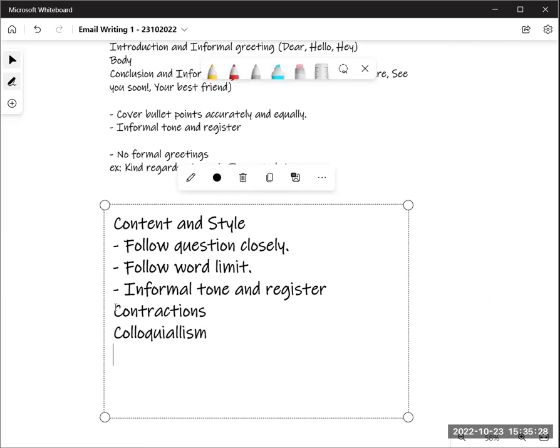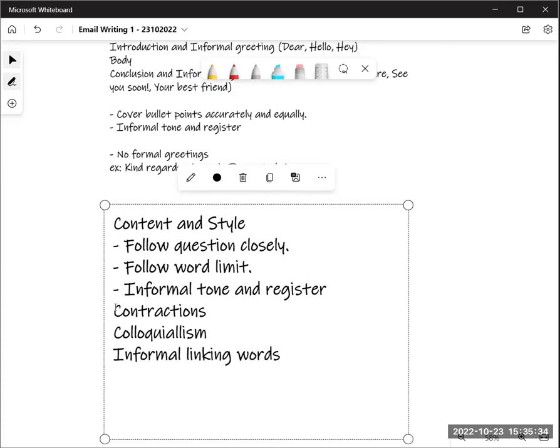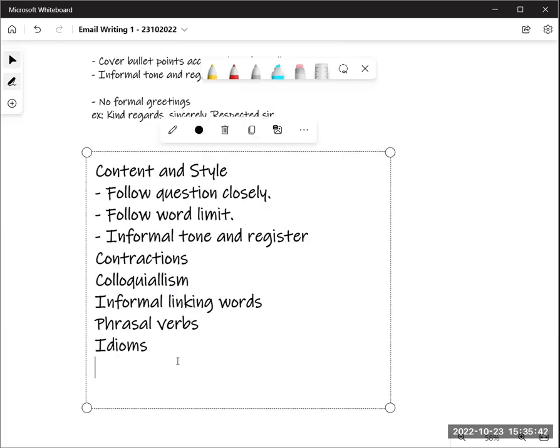Next thing is you can use informal linking words. You can use phrases, phrasal verbs. You can use idioms, good punctuation, and proper consistent tense.